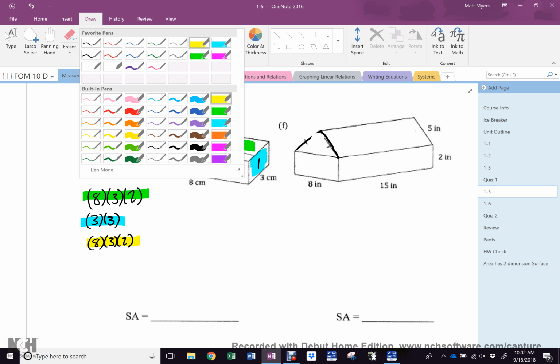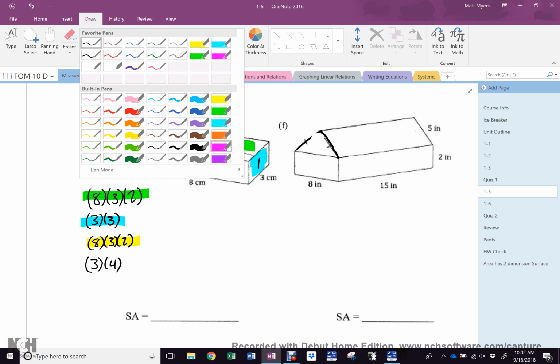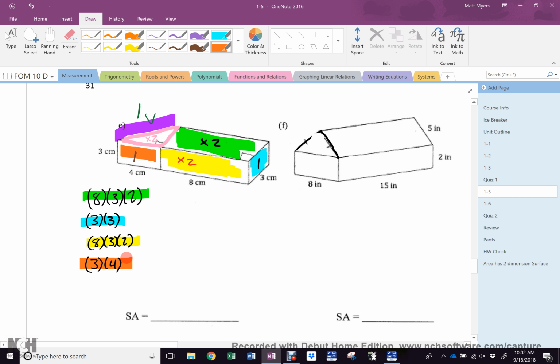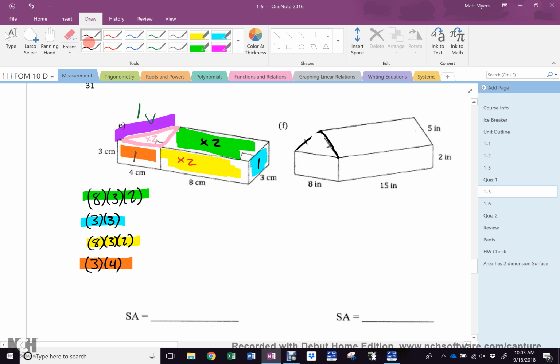What is the orange one? That one's pretty easy to spot. 2 times 1. What is it? For the green one, what is it? 3, okay. By 4. That's my orange one. What's my purple one? That's tricky, isn't it? Because I know this is 4 and I know this is 3, but do I have that? No. But I just gave you that present.